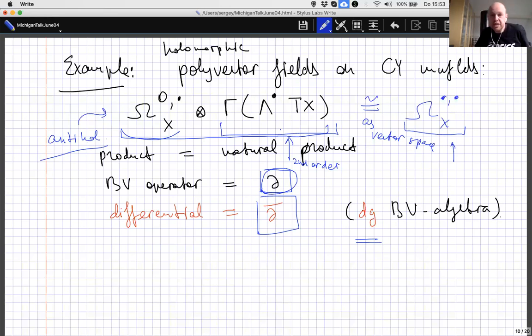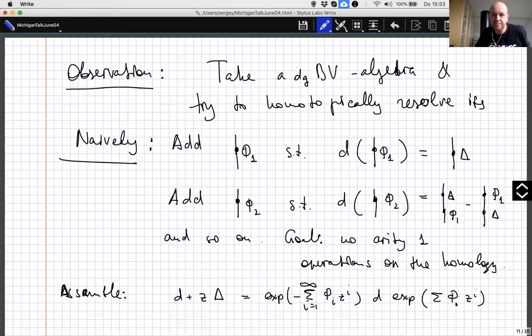But right now, I want to say something general about BV algebras. When you have BV algebras, you can ask yourself how to use them. And the way I like to use differential graded BV algebras is that I always try to at least partly homotopically resolve them.